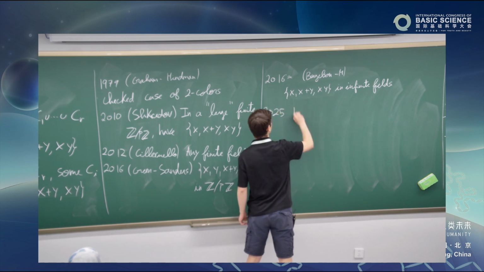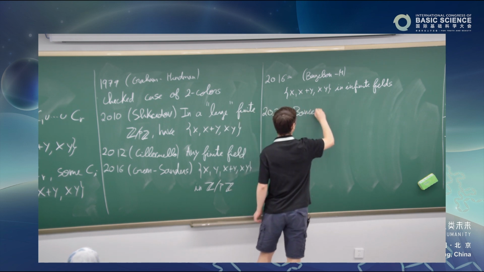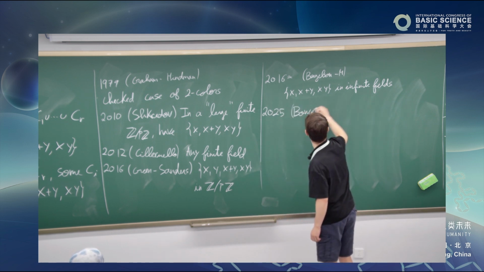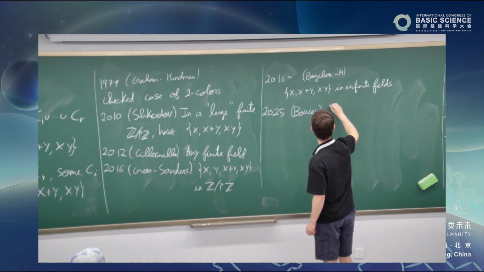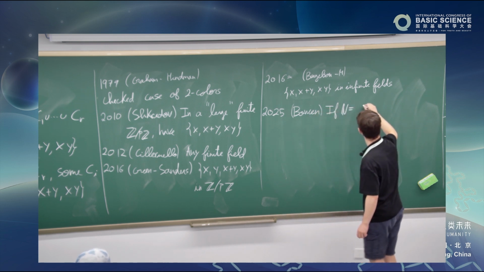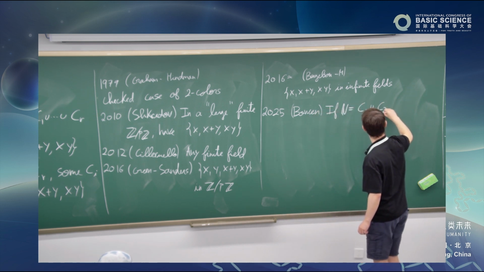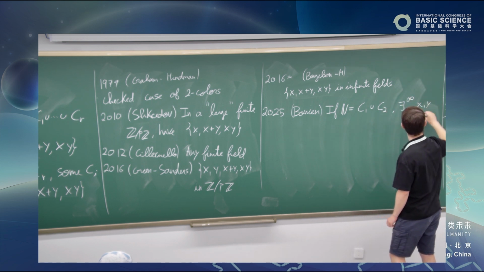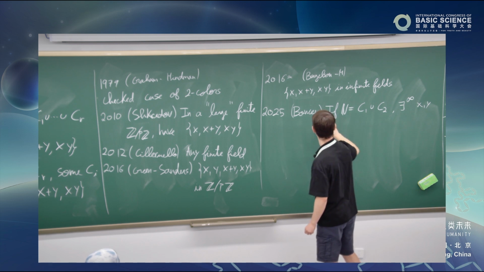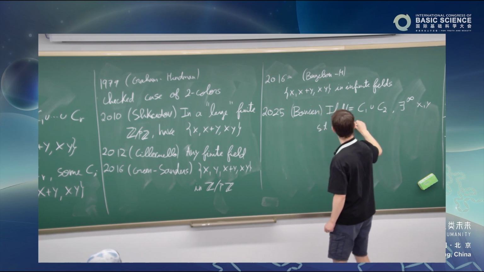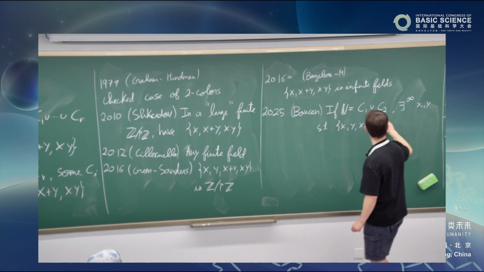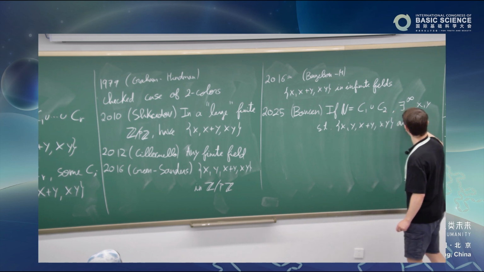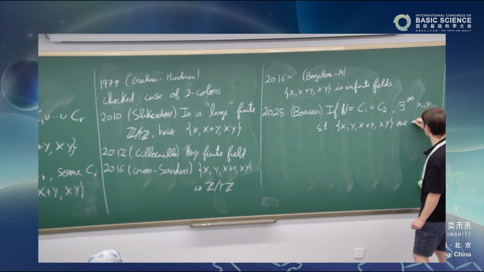So a result of Bowen shows that, to be a bit more precise, if N is colored with just two colors, there exist infinitely many x and y such that all four of x, y, x plus y, and x times y are monochromatic.